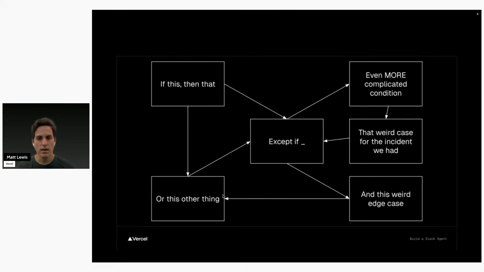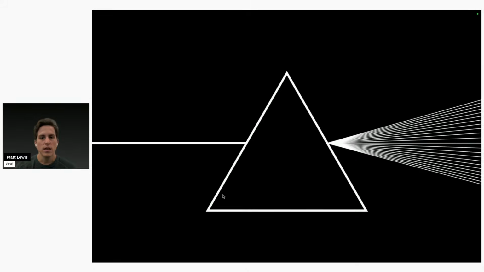But as we all know, with the rise of large language models and AI, we've been introduced to a new way of building software. And it sort of looks like this. So you have an input on the left. It could be anything. It could be a form submission, API request, voice note, any type of information coming into your system.